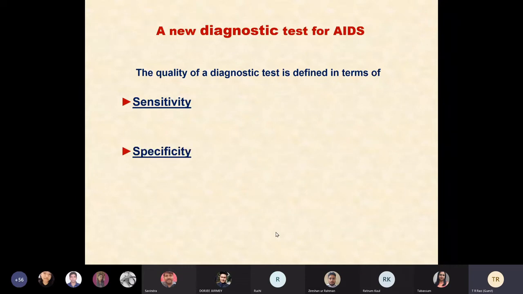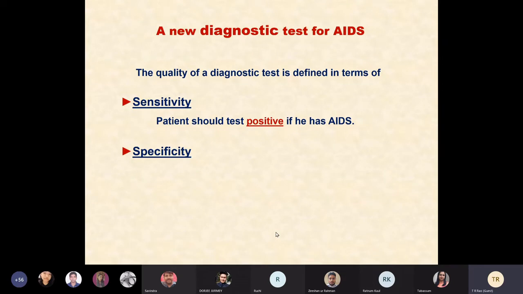So, in AIDS or any other testing procedures, we use sensitivity and specificity. Normally I wouldn't go into details with this, but we are living in COVID testing times, so I thought you might want to know this terminology. Sensitivity means a patient should test positive if he has AIDS.